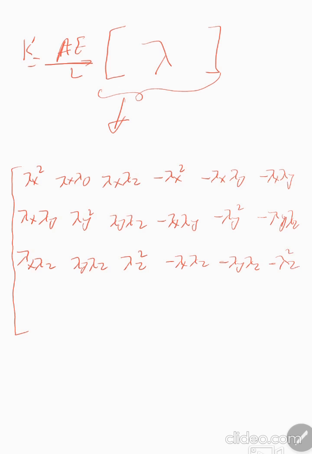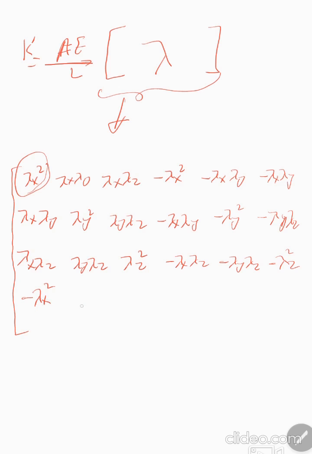So here, now we have 3 rows. The other 3 just change the sign of lambda. For example, for cell number 4, it will be minus lambda x square, the same value but in opposite sign.